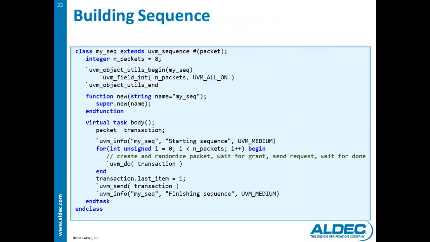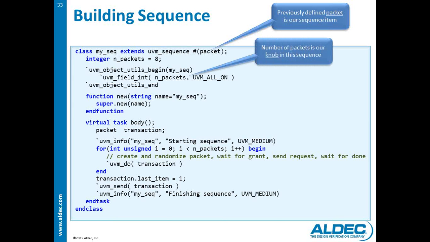Once you have packet, which is the basic data item, you can build a sequence out of it. And please note that in that case, you create your own sequence class based on UVM sequence. UVM sequence is actually a template, so you have to specify what specific data item will be combined into the sequence. So, of course, in this case, we are combining packets into sequences. Then, of course, you are doing registration of knobs.